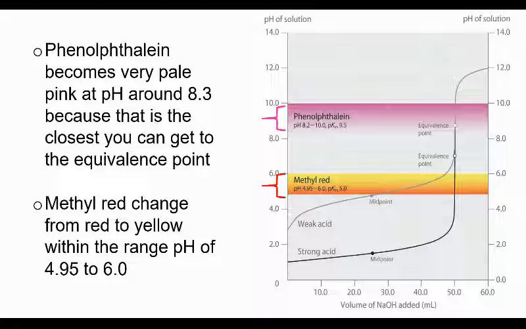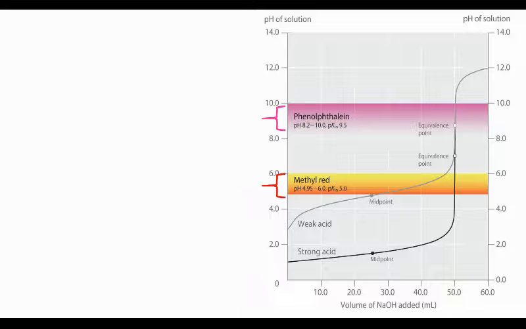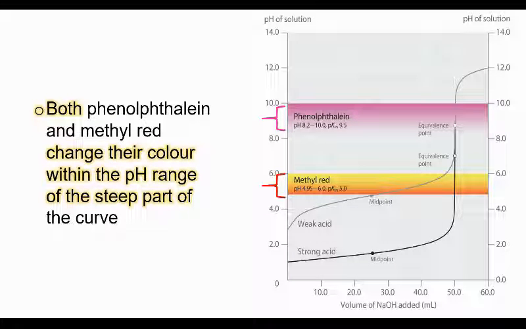If you continue doing the titration, you are getting further from the equivalence point. And you certainly don't want that, don't you? Both phenolphthalein and methyl red change their color within the pH range of the steep part of the curve.